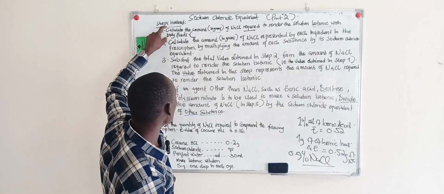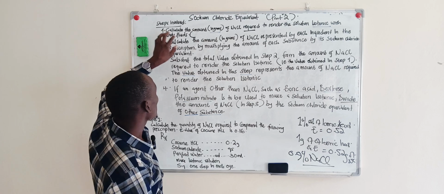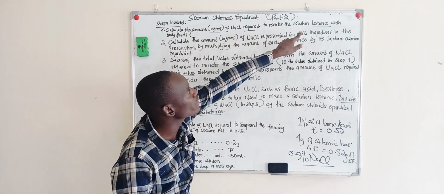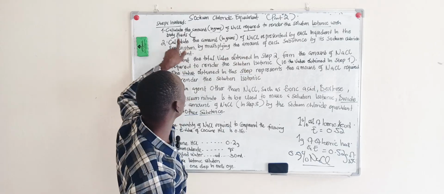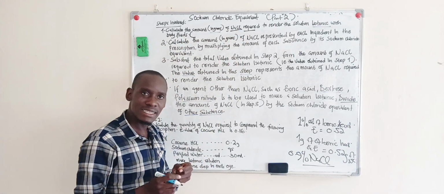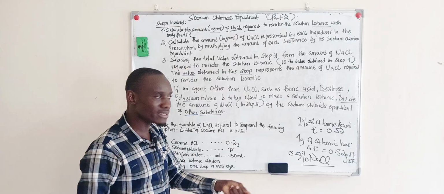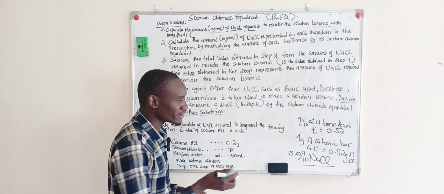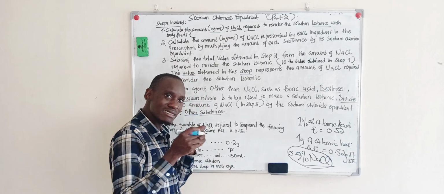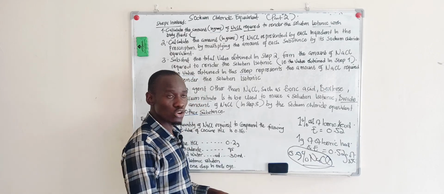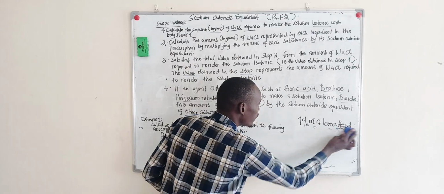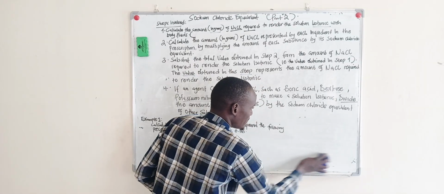So in our first step, we calculate the amount of sodium chloride required to render a solution isotonic with blood plasma. Since we are using sodium chloride as the adjusting substance at all times, the concentration of sodium chloride to be used is 0.9% weight in volume.